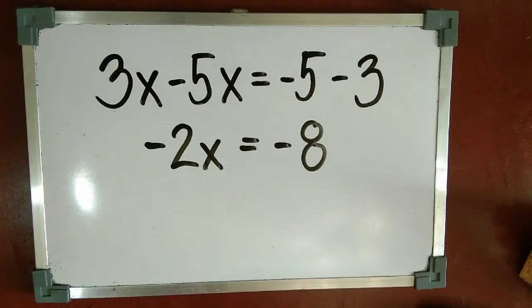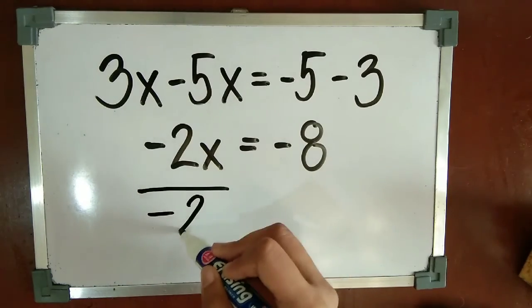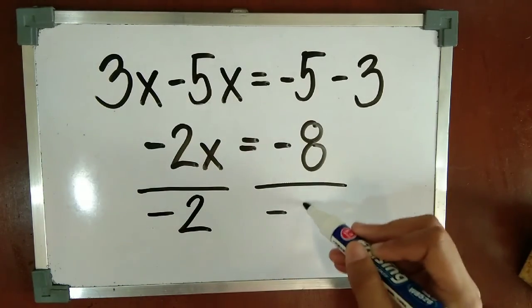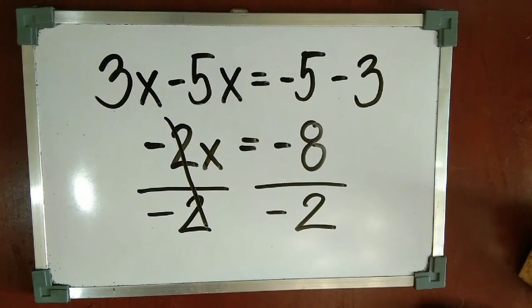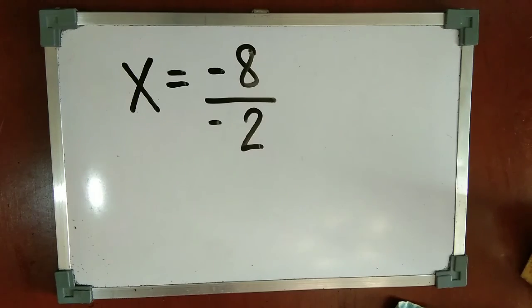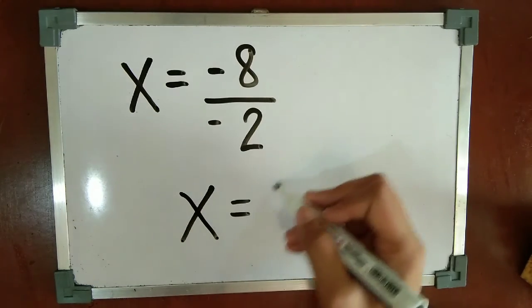To find the value of x, we need to eliminate negative 2 by dividing both sides by negative 2, so that we will get x equals negative 8 over negative 2. Therefore, the value of x is 4. Let's proceed to our next example.